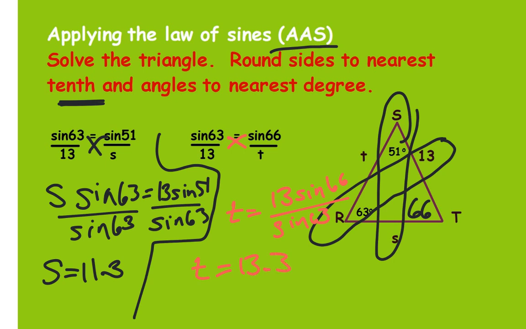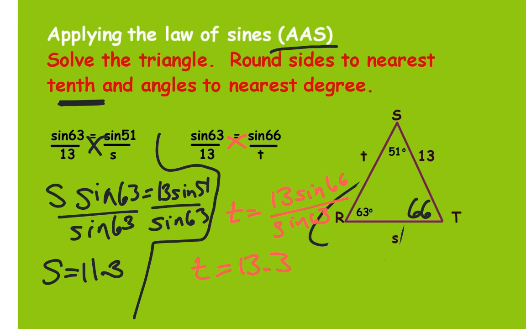Now let's check to make sure this makes sense, because you learned in geometry that the largest angle and longest side are opposite of each other. So 66 was my largest, so side T should have been the longest, and it was 13.3, so that makes sense. And then my smallest angle is opposite S, and my smallest side is 11.3. Yes, it's S.